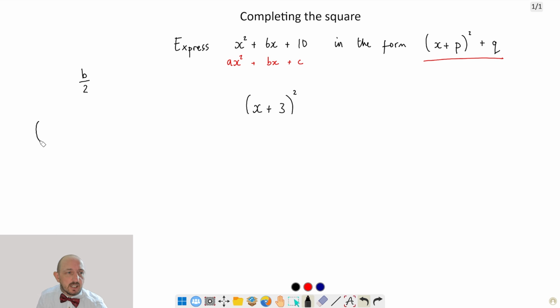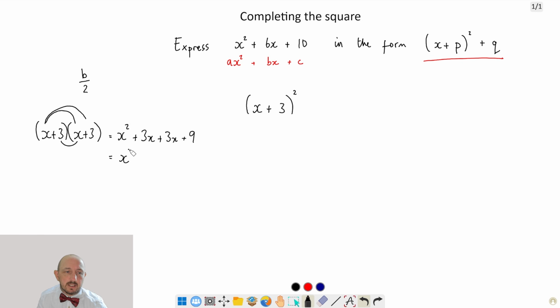If I go to the side and write this out fully, x plus 3 squared looks like this. We have our double brackets, expanding those in the normal way with FOIL or however you do that. So x times x is x squared, x times 3 is 3x, 3 times x is another 3x, and then 3 times 3 is 9.